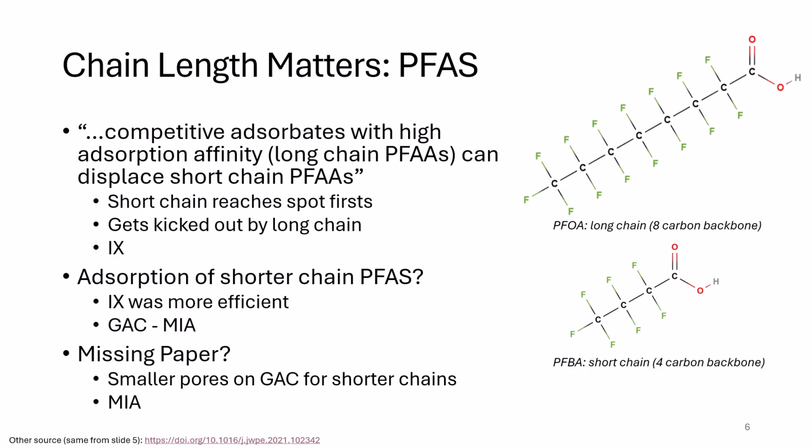With ICE, or IX as I put it here, the shorter chain PFAS, the PFBA in this experiment, which most experiments use, makes contact with the resin first. And so as longer PFAS come along and interact with the resin, they actually kick out the shorter chain. So in the end, ICE does not do a good job of removing the shorter chain PFAS.